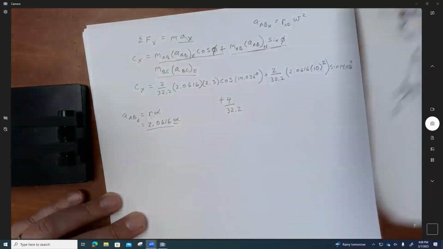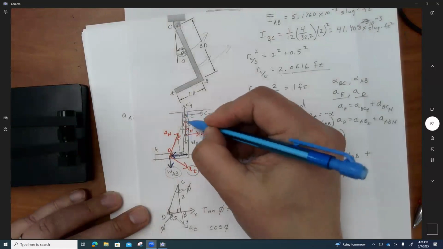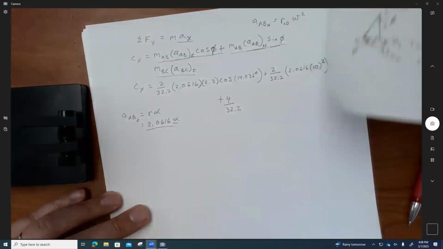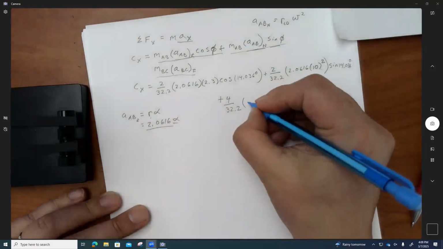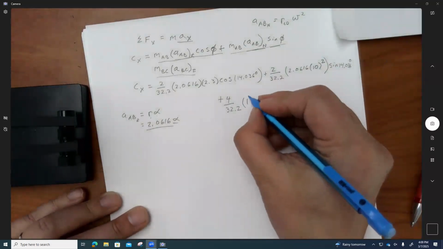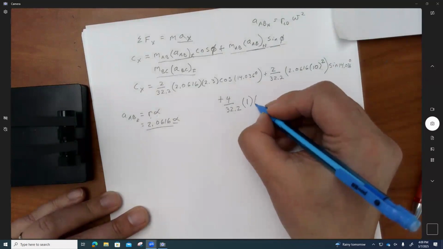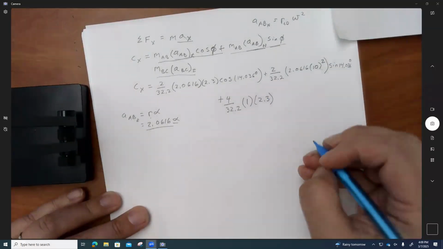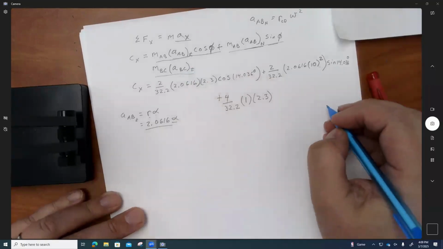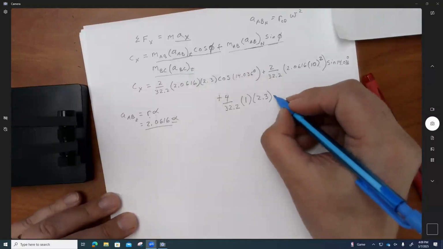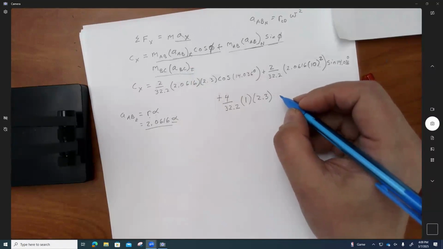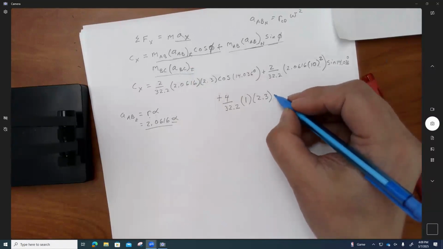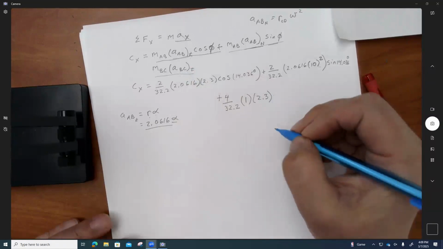We're going to want this distance right here, which is going to be 1, multiplied by our alpha, and our alpha was 2.3. And we didn't have to multiply by any sine or cosine because all of that component is going in the x direction.